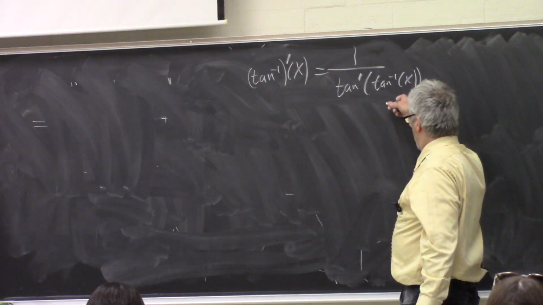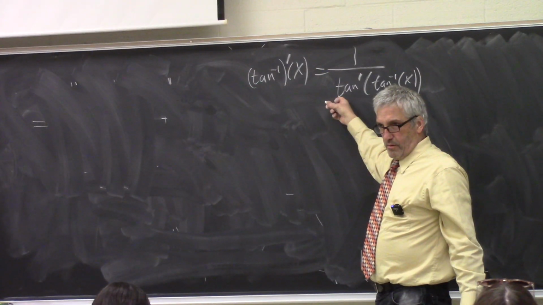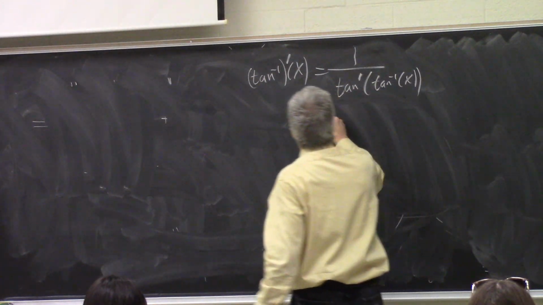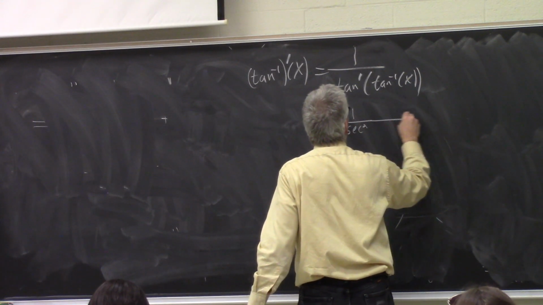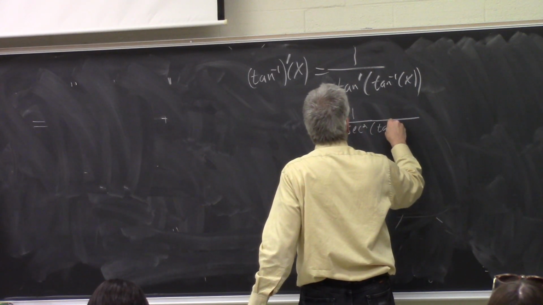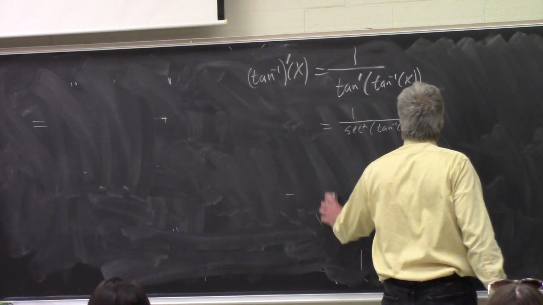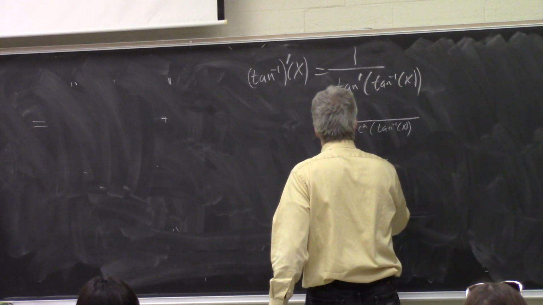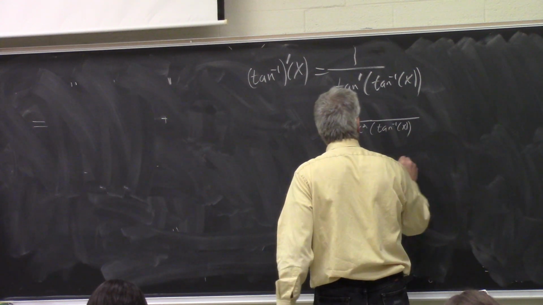So we have to figure out what tangent prime is. Secant squared. So this is going to be 1 over secant squared of tan inverse x. In other words, 1 over secant of tan inverse of x, that whole thing being squared.